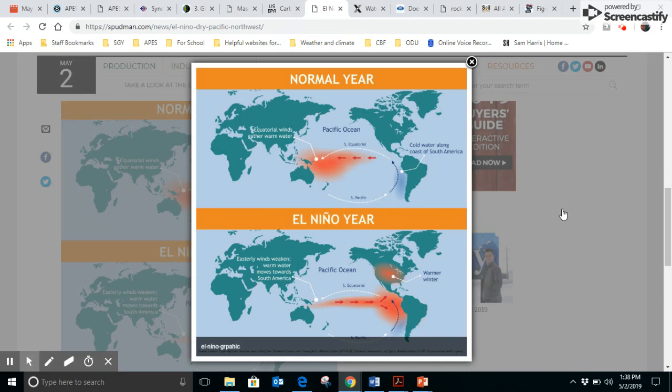This is just a quick website that I pulled up to show you El Nino and the Southern Oscillation. It's important to be aware that we have our global wind belts that are caused from Earth's uneven heat distribution. We have Hadley cells that are associated with the trade winds.